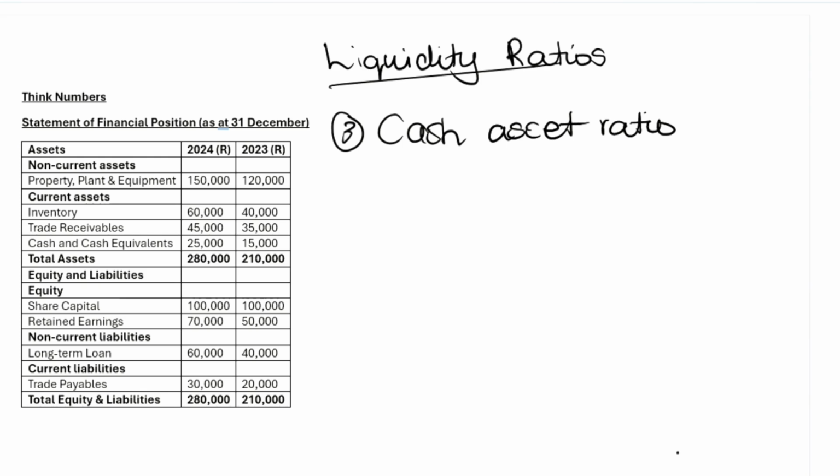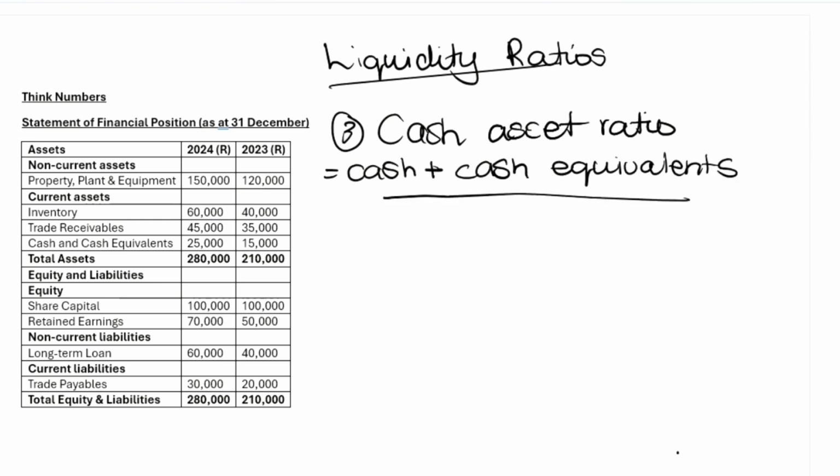All right. And the formula for our cash asset ratio, what we're looking at is cash and cash equivalents, our readily available cash. And what we're going to do is divide this by our current liabilities.